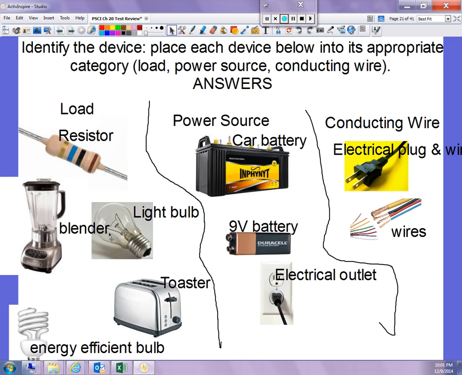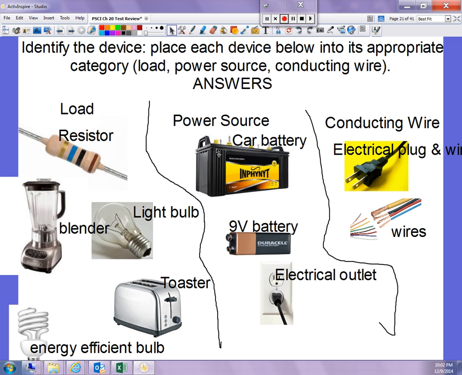They're just different kinds of resistors. A toaster is just another type of load or resistor that converts electrical energy into thermal energy, heat and light. And then an energy efficient bulb, we don't get as much heat from this, but it does get some thermal energy and electromagnetic energy. So these are all resistors or loads.